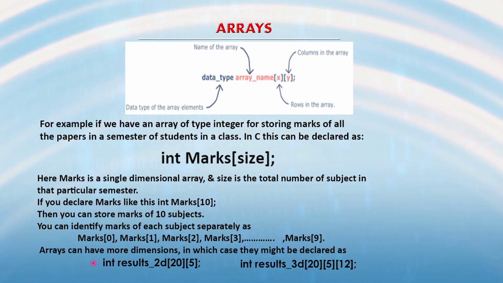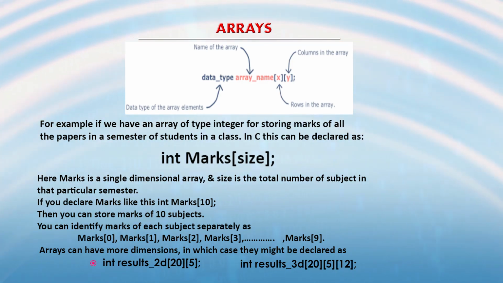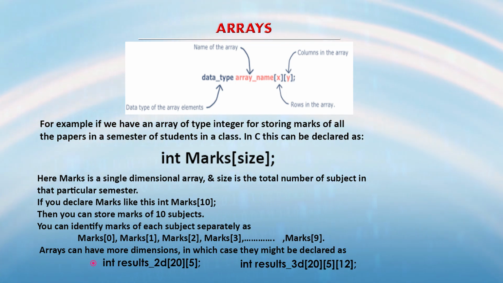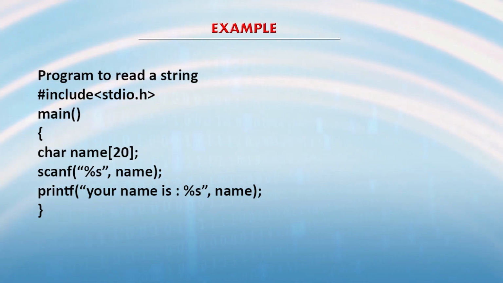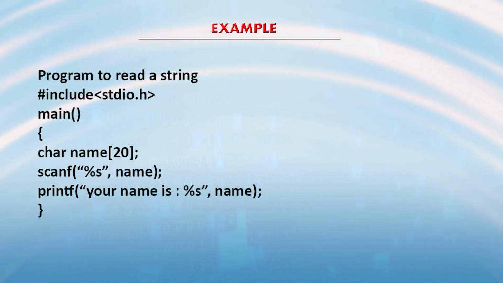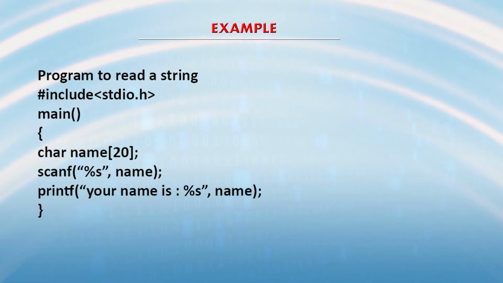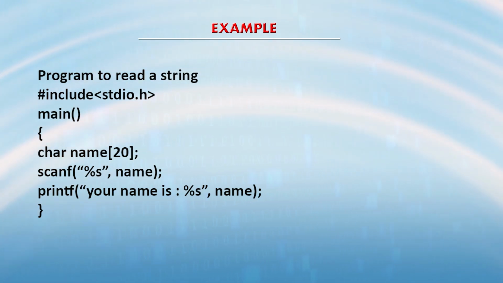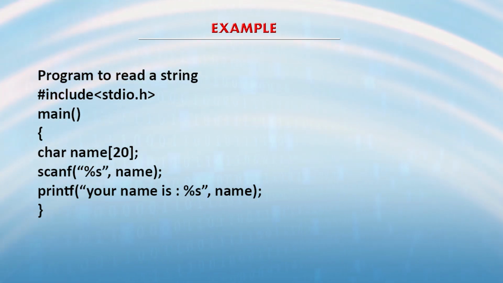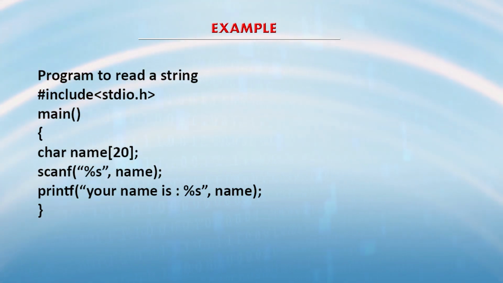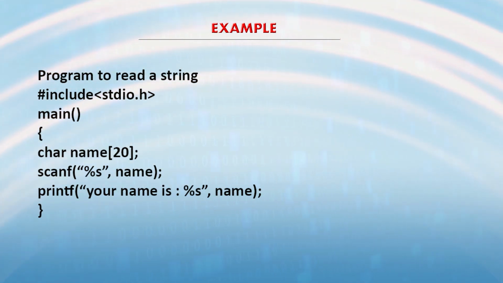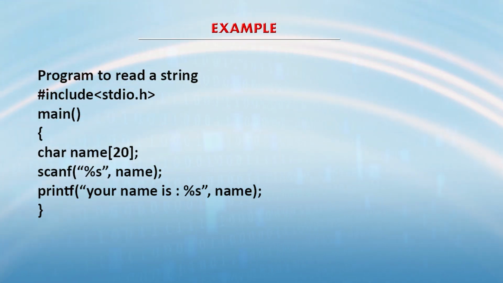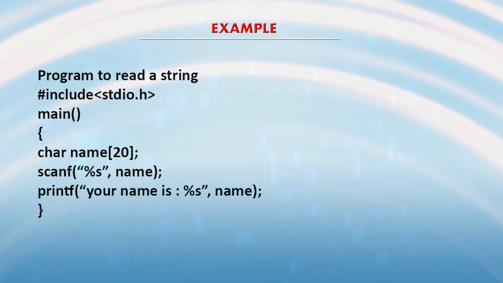Let's use a program to read strings. Now a string is an array of characters. So to have input and output, we are using stdio.h. We are directly going to the main body and we are specifying char name[20]. So char is the data type of the array whose name is name, and the size is 20 elements. Now we are using scanf %s. %s is for strings, and we are passing the base address of the array, name.